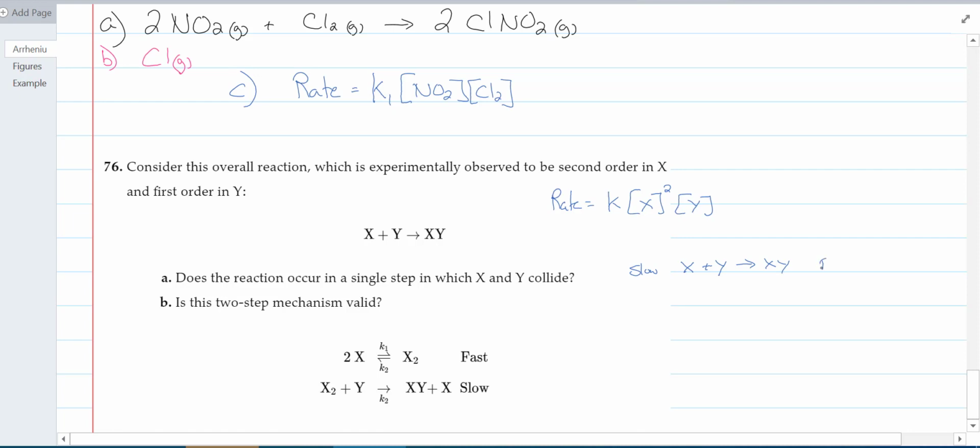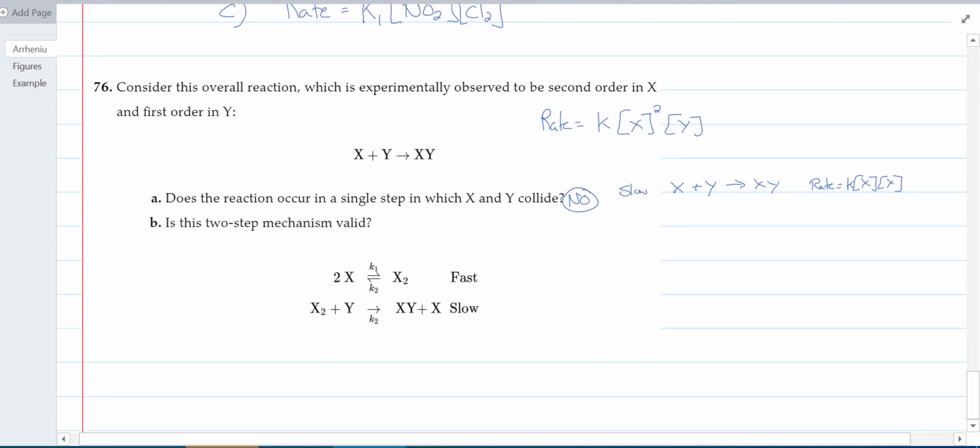So the rate law would be rate equals K times concentration of X times concentration of Y. And since this rate law is not what we observe, the answer would be no. It says no, the reaction cannot occur in a single step in which X and Y collide because the rate law would be rate equals K times concentration X times concentration Y. This is not consistent with the stated rate law of rate equals K concentration of X squared Y.